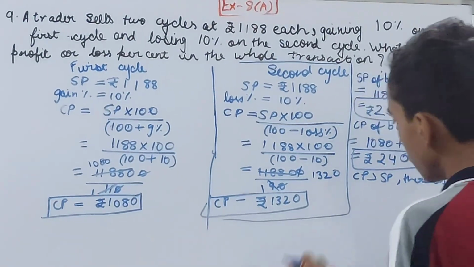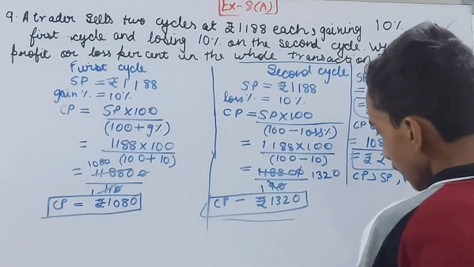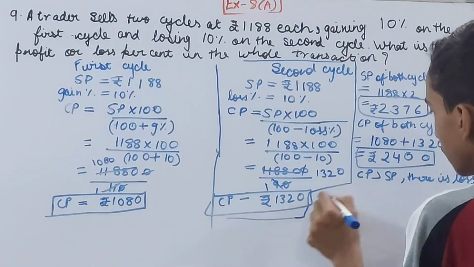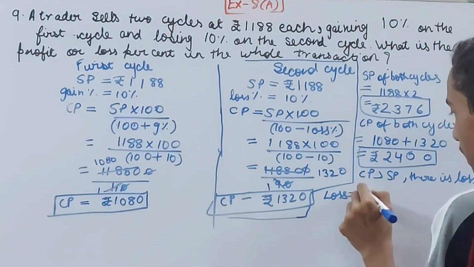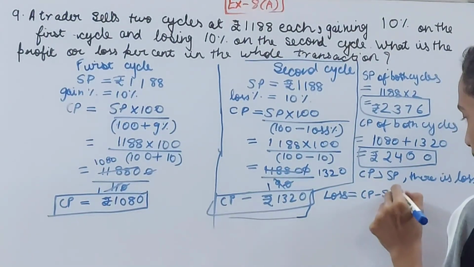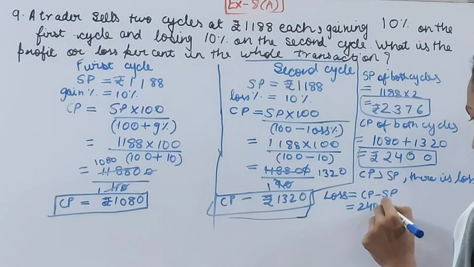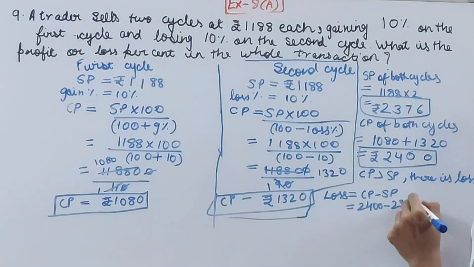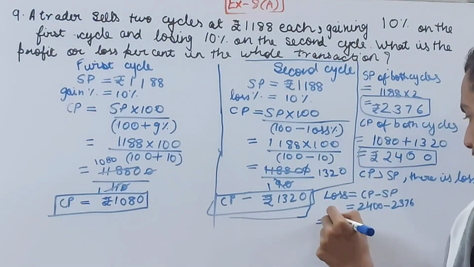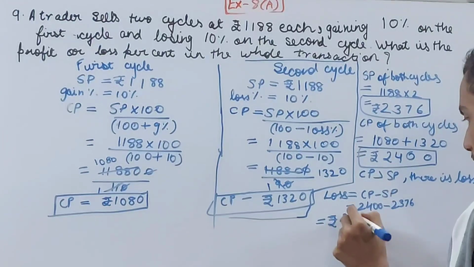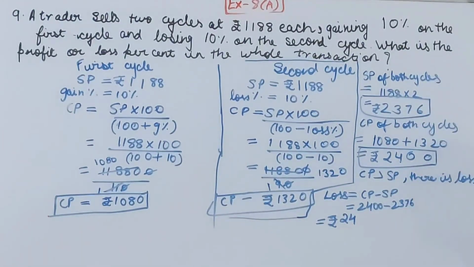Now we'll calculate the loss. The loss is CP minus SP, that is 2400 minus 2376, that is rupees 24.